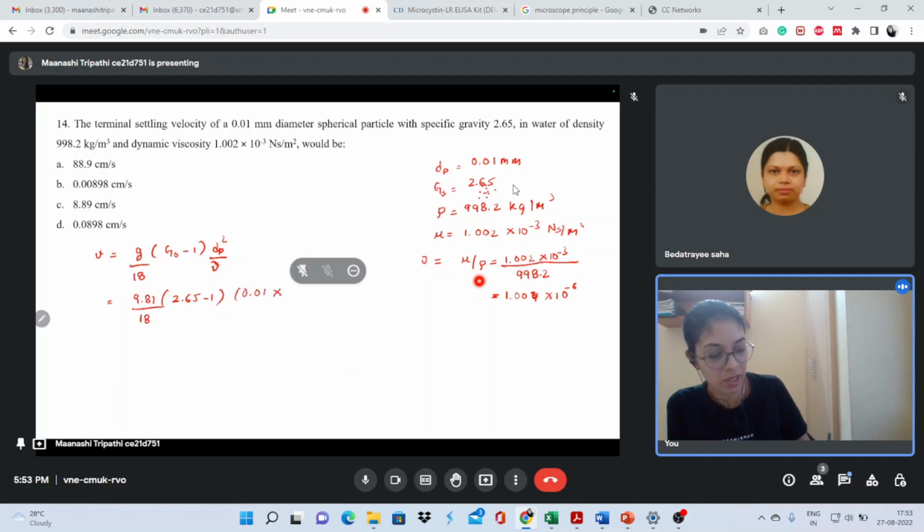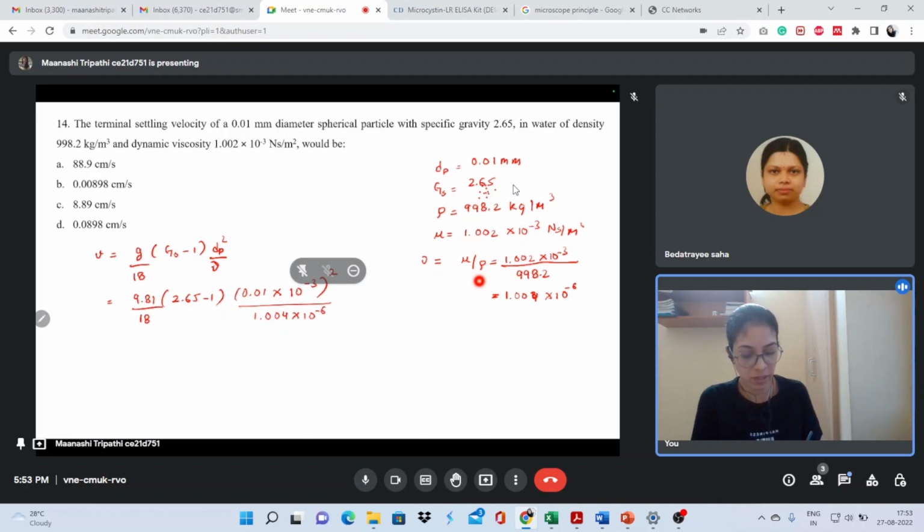Units should be the same, so 10 raised to power minus 3 to convert this millimeter into meter, square, divided by 1.004 into 10 raised to power minus 6. When we solve this, we will get the answer of velocity.